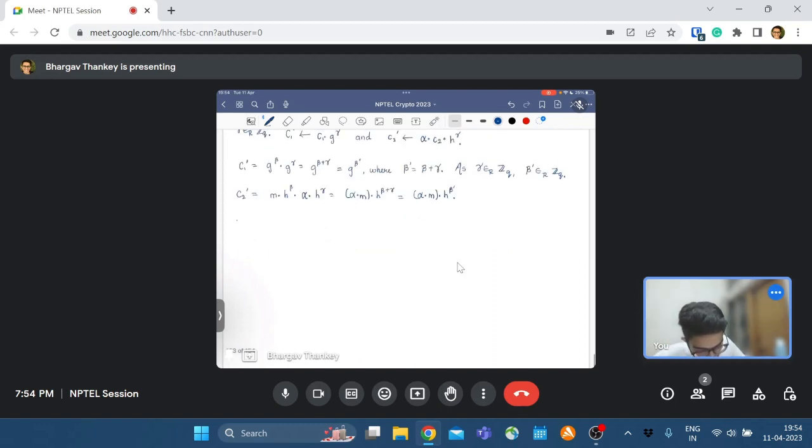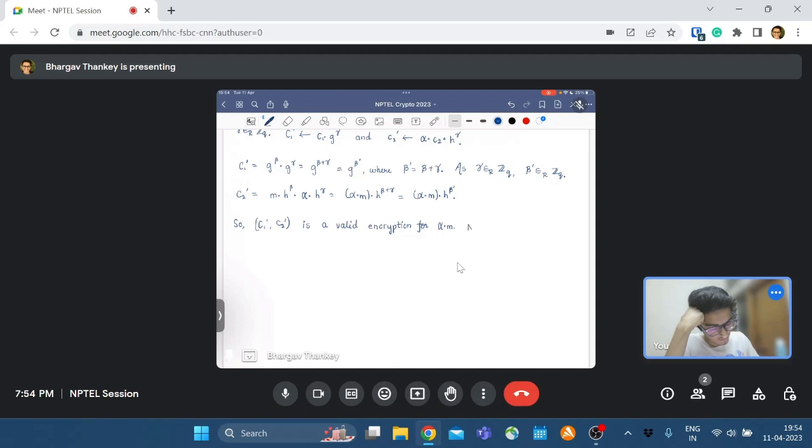So C1 prime, C2 prime is a valid encryption for alpha times m.